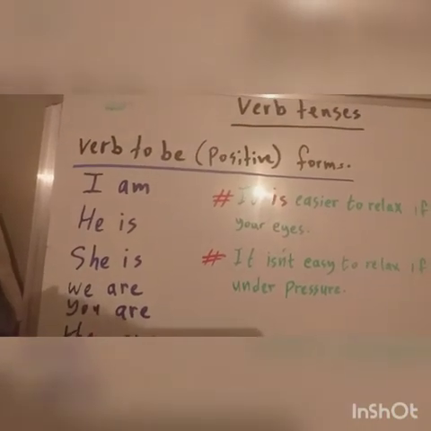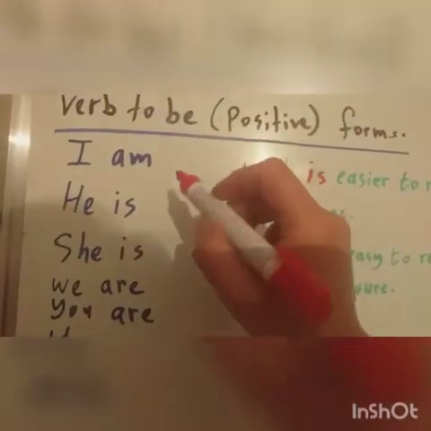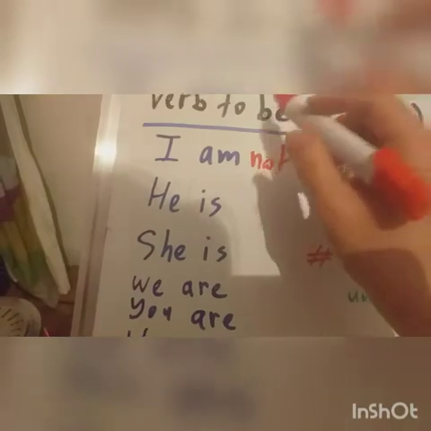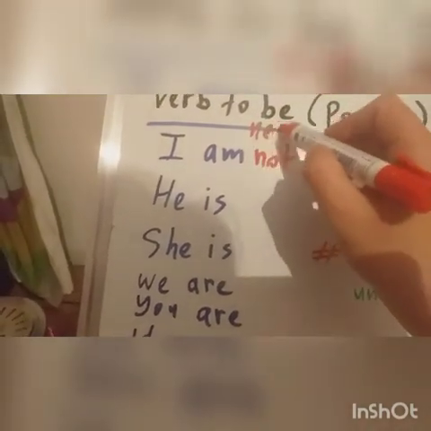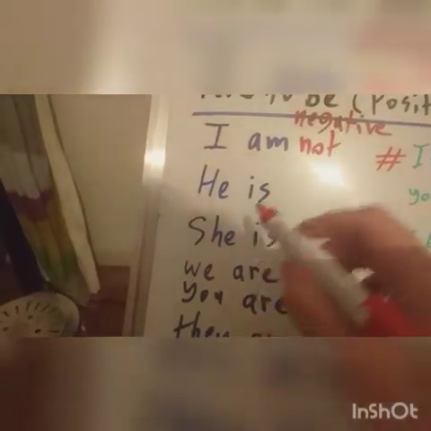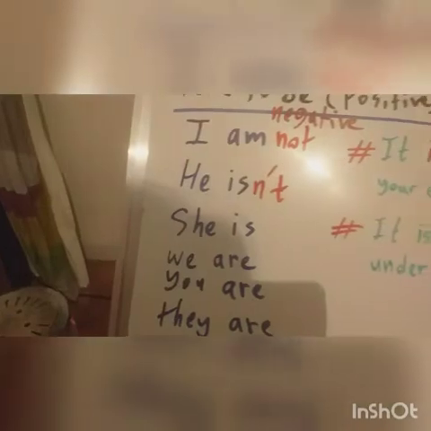In the negative form, it's very easy. You only add not. I am not. He isn't. And here we use contractions. She isn't.